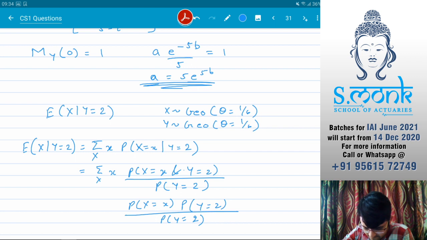Let x be the number of rolls needed to obtain a 5 and y the number of rolls needed to obtain a 6. Calculate the expected value of x given y is equal to 2. Repeatedly needed to obtain a 5 and needed to obtain a 6. So they are geometric distributions. That is okay.